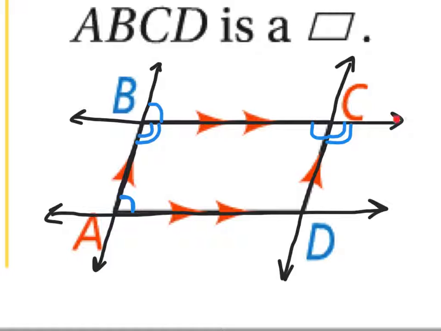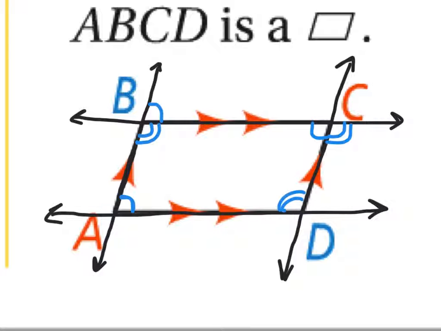And again, look, I have alternate interior angles here, giving me that to be congruent to the angle up here. So by doing all that, I have now shown that yes, in fact, the opposite angles in my parallelogram are always going to be congruent. If I have a parallelogram, opposite angles are congruent. Why? Because I could go way back to those previous theorems about parallel lines cut by transversals and reproduce that same statement.